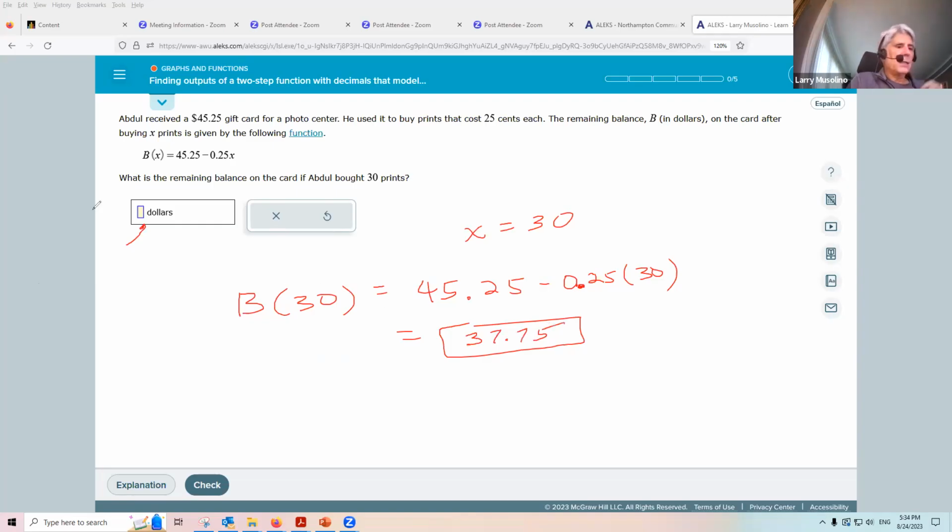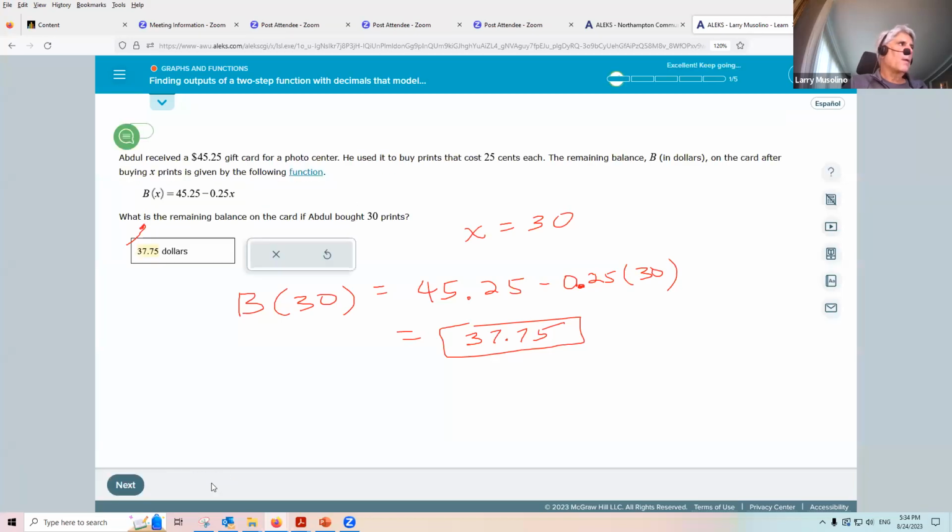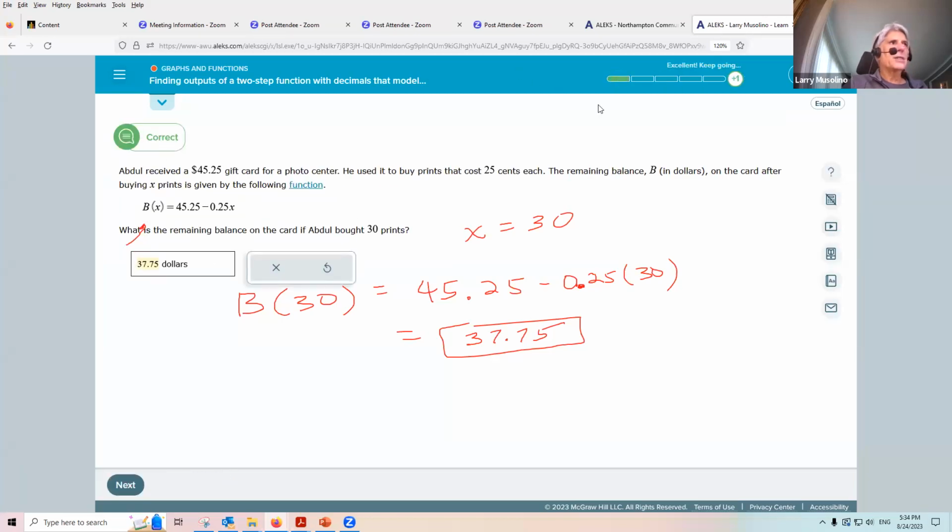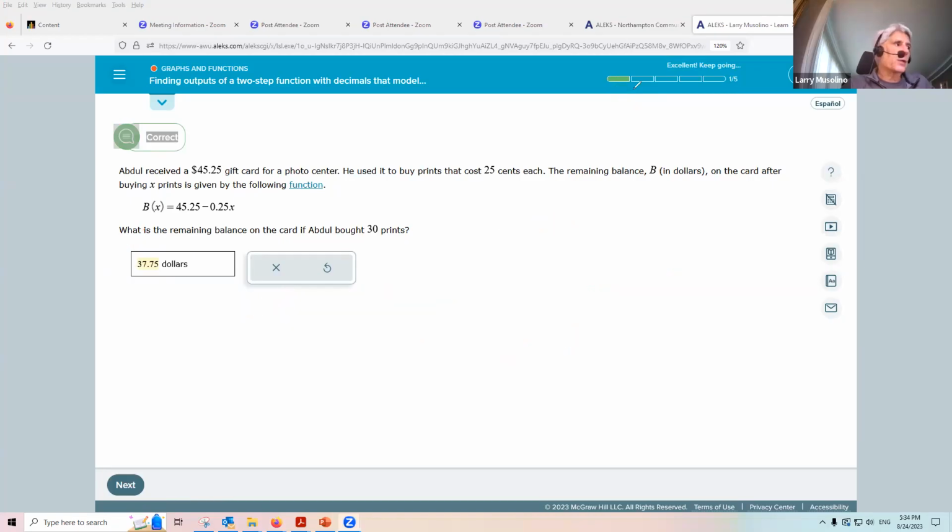So I'm going to type that in the answer box here, $37.75. Click check down here at the bottom. And ALEKS says it's correct. Notice it filled in with this green indicator up here telling me I have 1 question correct. All right, well, now ALEKS is going to say, let's go to the next one.